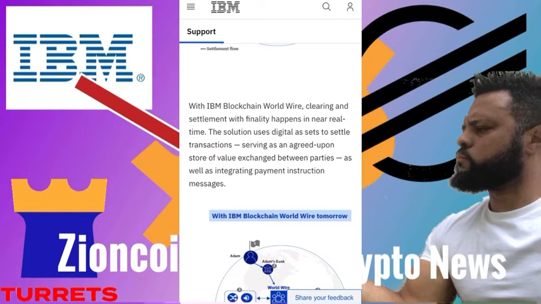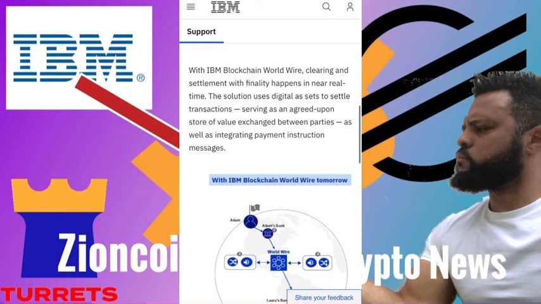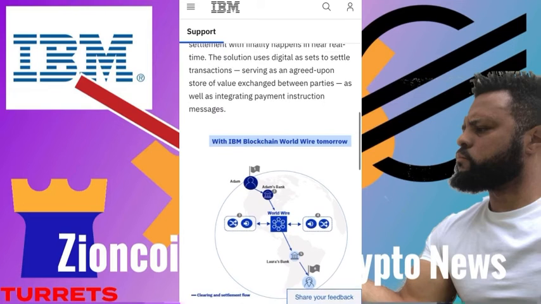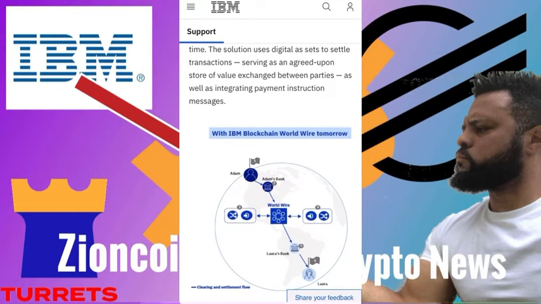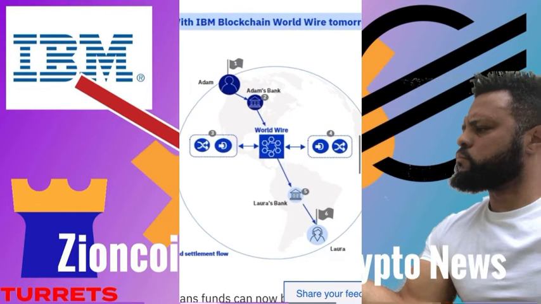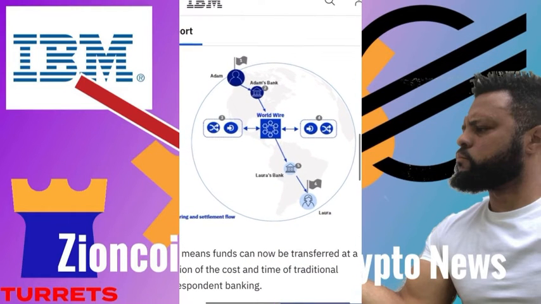Stellar has what you call memos, so you can send memos when you send a payment. You might have maybe 100 characters or so that you can send, so you'll know where the payment's coming from or who sent the payment. And you can obviously couple them to transactions. But moving forward, with IBM World Wire, this is what the payment settlement is going to look like.